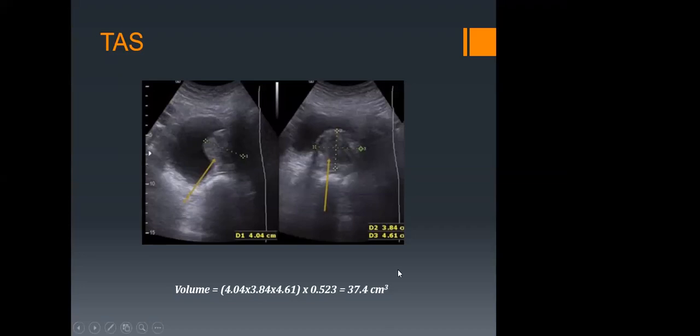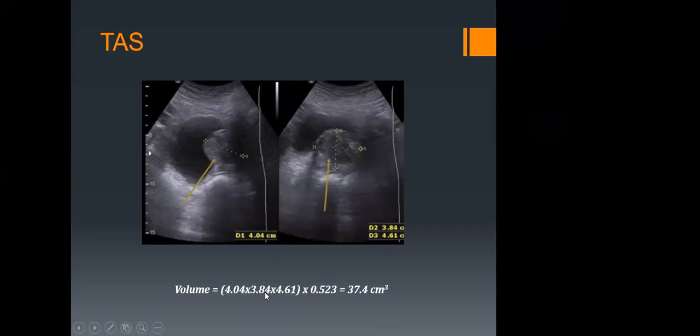If your machine is unable to give you the volume at once, and it matters, you just multiply these measurements, because it will give you distance measurements.